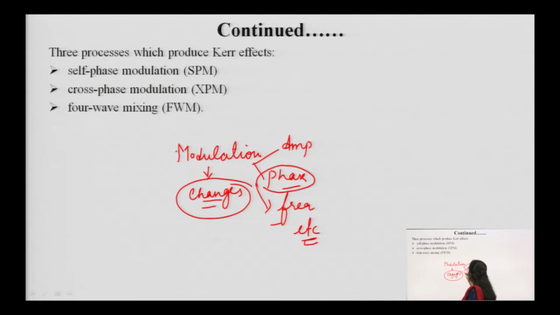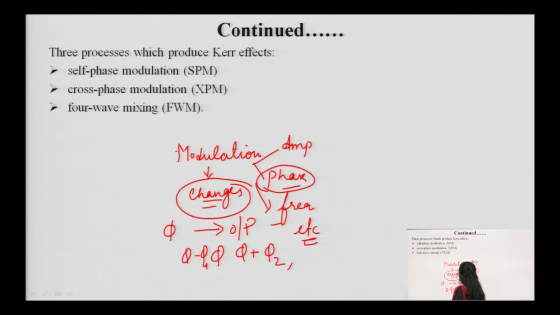When we are talking about the phase modulation, that means if we take the initial phase as phi, then at the output we will have phi plus phi 1, phi minus phi 2, or phi minus phi 1, phi plus phi 2.